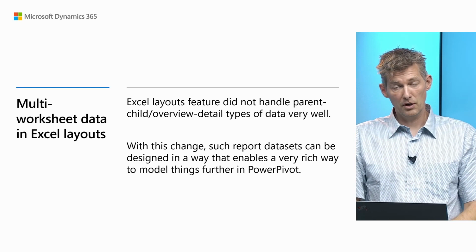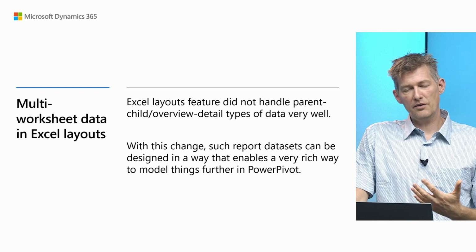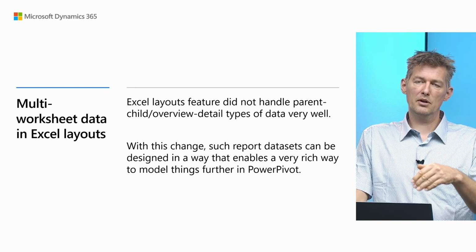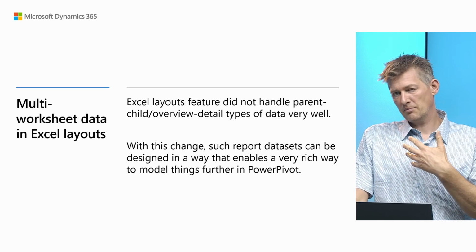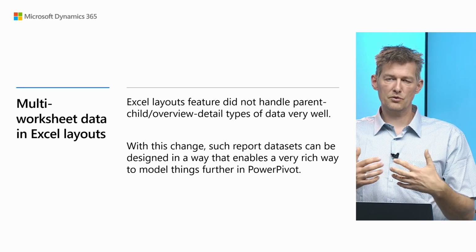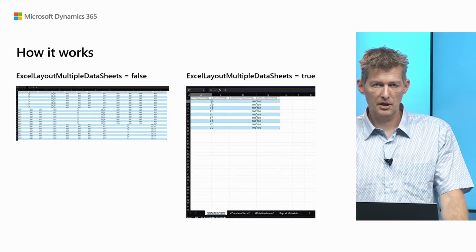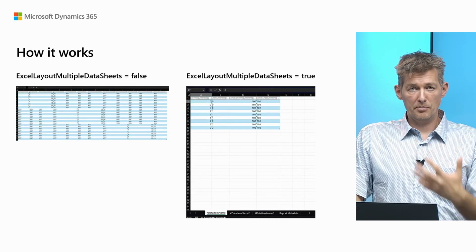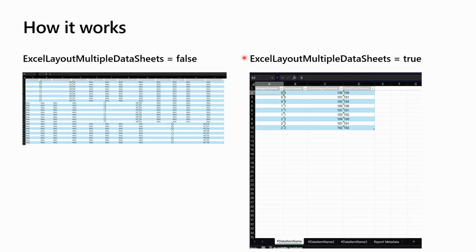Well, not anymore. With this wave, we are adding a way for you to simply have multiple worksheets in your report, in your Excel, and that leans so much more into the way you model things in Excel. Let me show you what this means. So on the report object, as a developer, you now have a new property called Excel layout multiple data sheets.